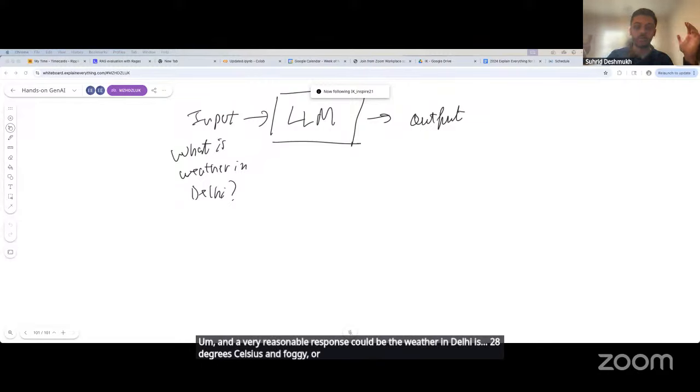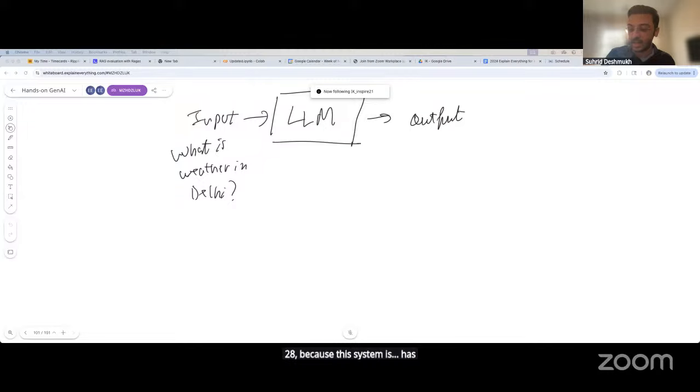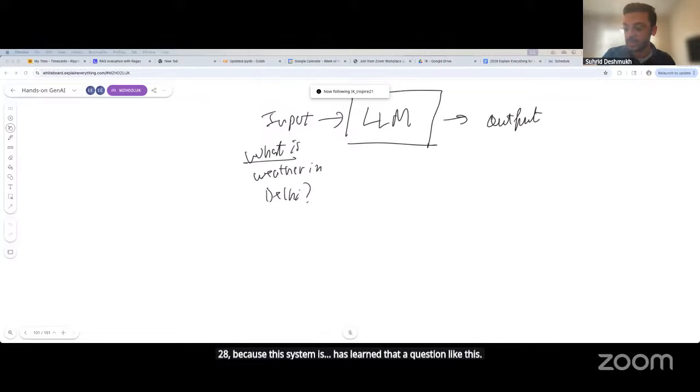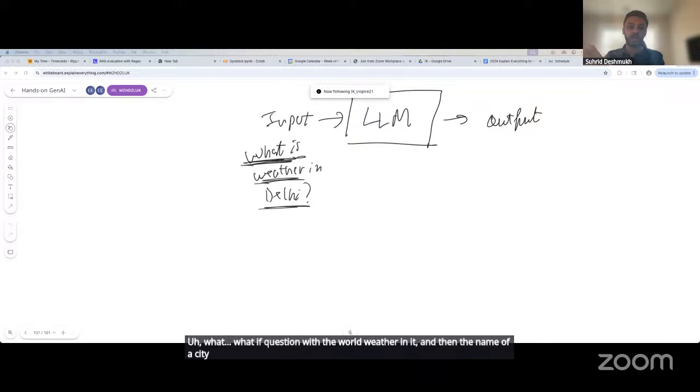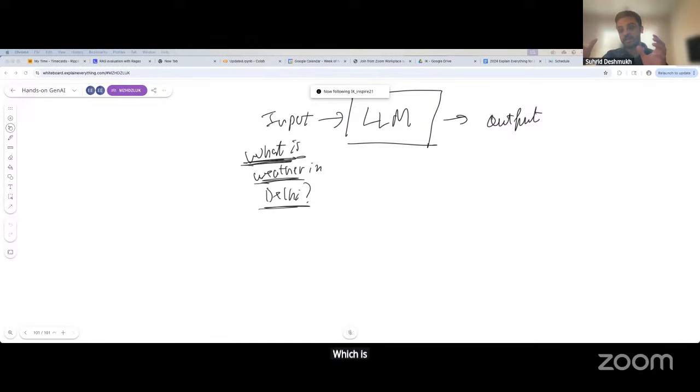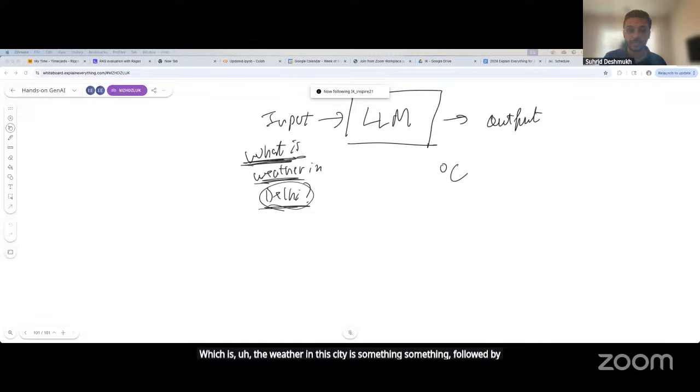That has nothing to do with the fact that right now the weather in Delhi is 28, because this system has learned that for a question with the word weather in it and then the name of a city, a very reasonable output is to create these set of words, which is the weather in this city is something something followed by a degree C symbol. This is what a normal LLM would do.